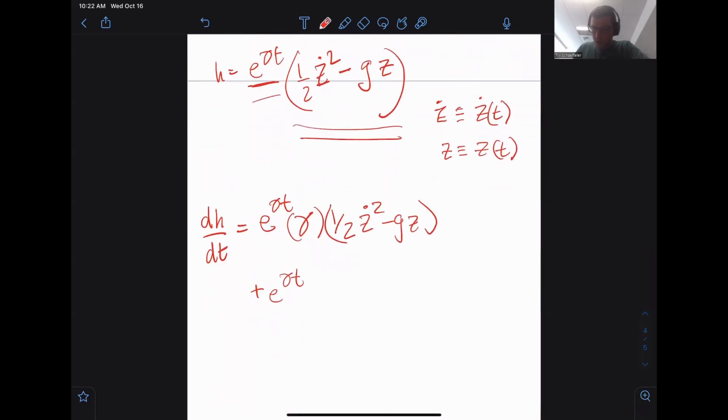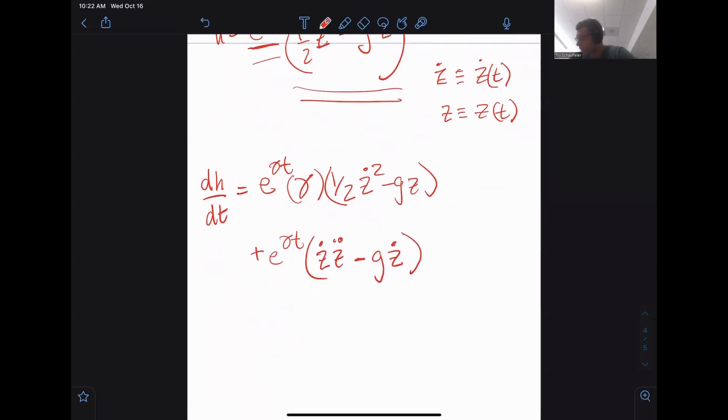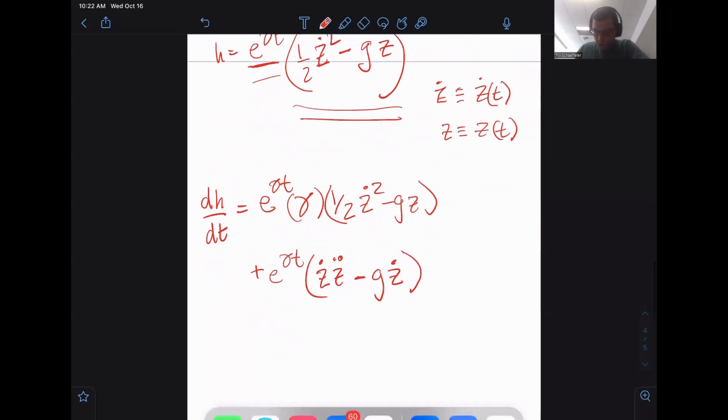So z dot is a function of t, so this becomes 1/2 times 2 z dot times z double dot minus g z dot. Okay. Clean this up a little bit.